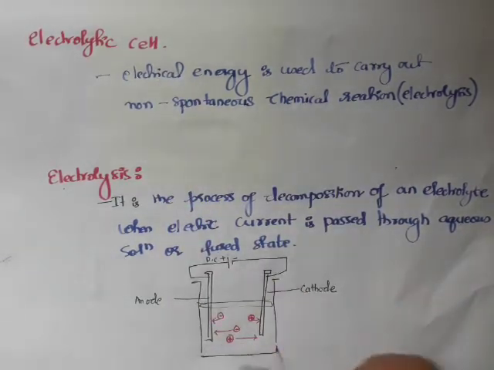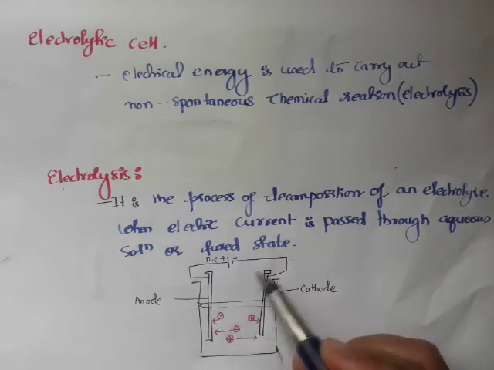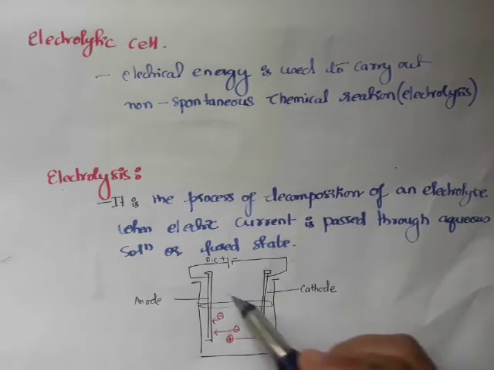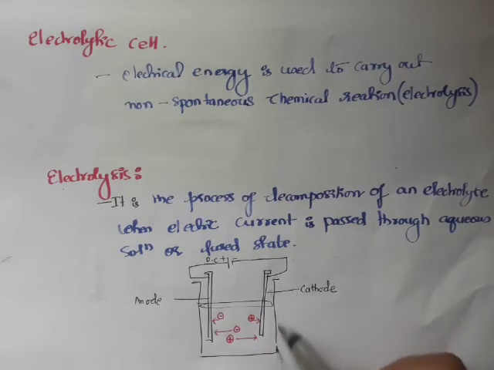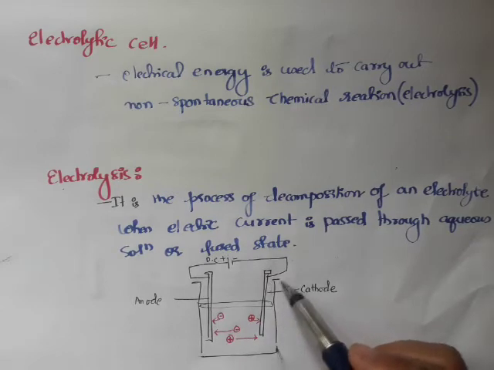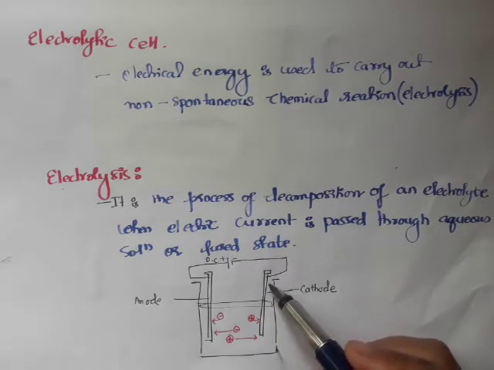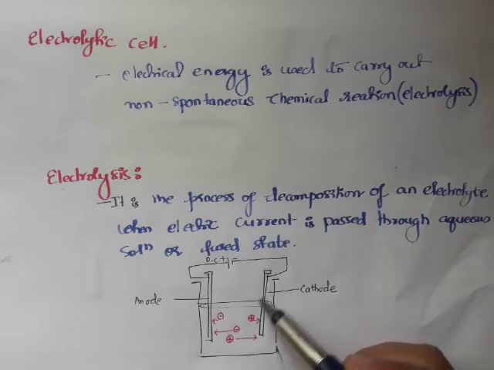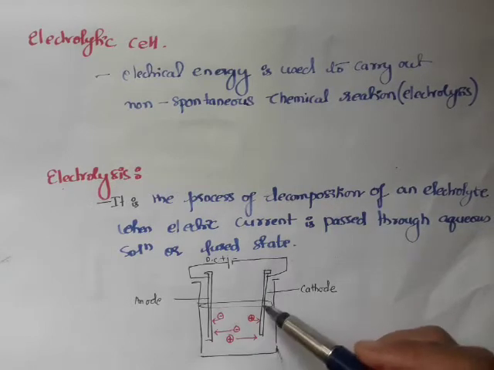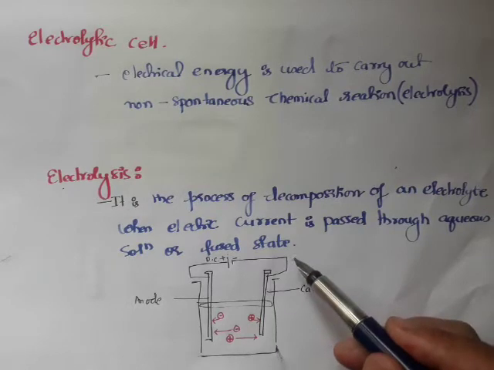This is a simple electrolytic cell. In an electrolytic cell the electrodes are placed in the same container with the solution. The electrode can be a reactive metal, or it can be a non-reactive element like graphite, or an inert metal like platinum.